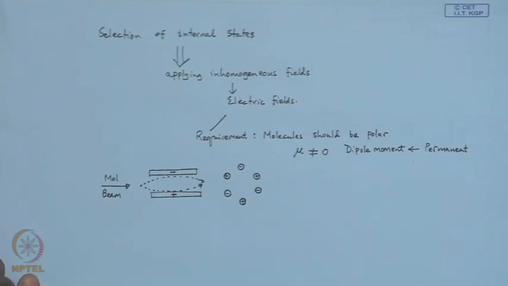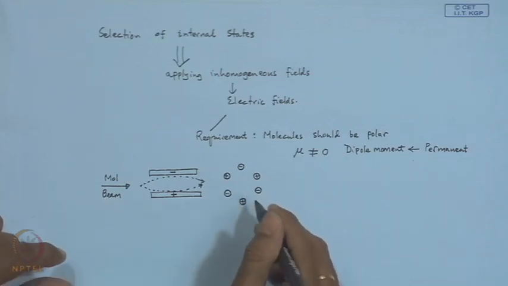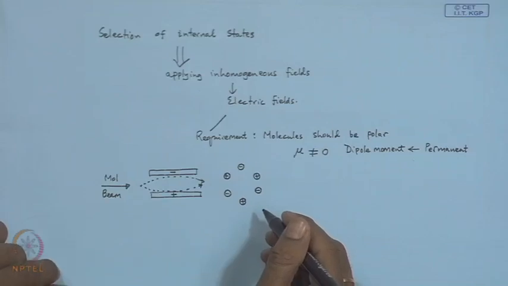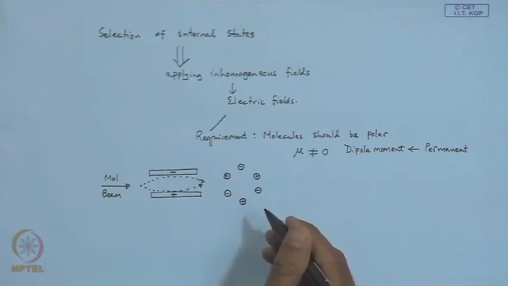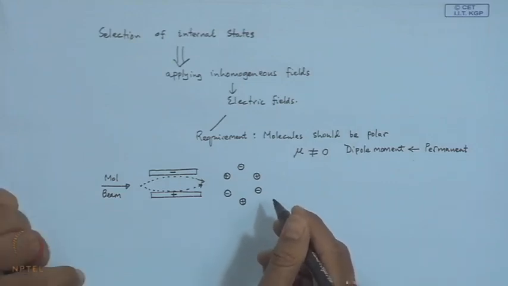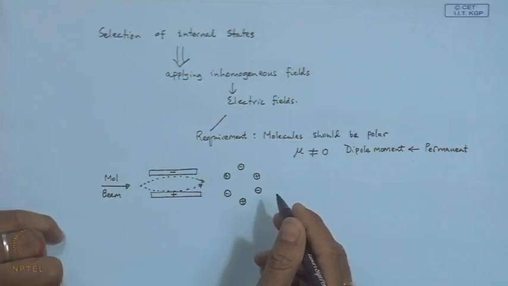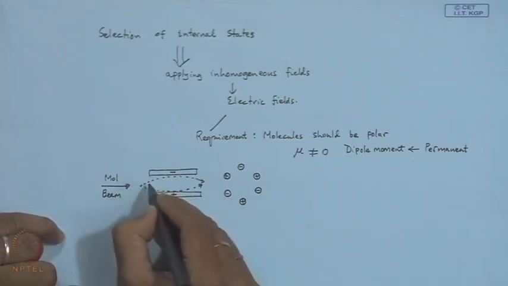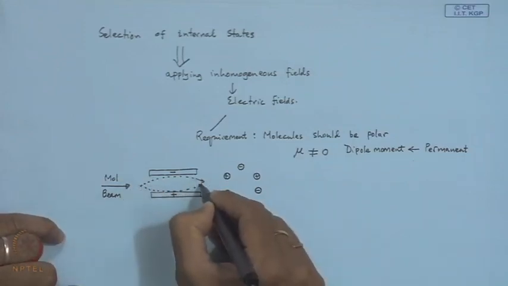Depending on the internal state of the molecules, internal state meaning whether it is different J states, that is rotational states, you can select. So, what you have to do is focus, somewhere over here.